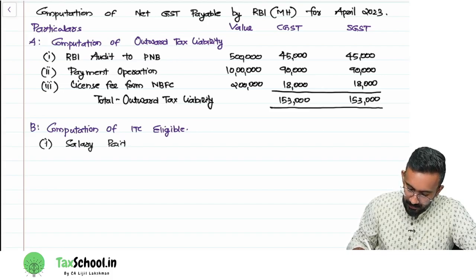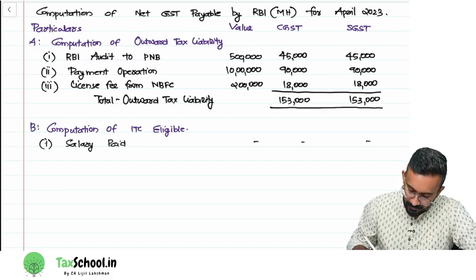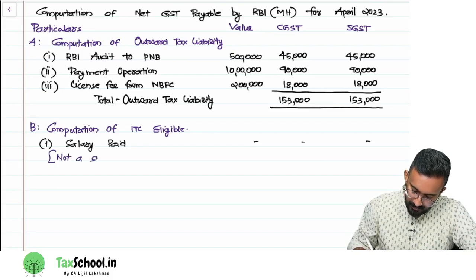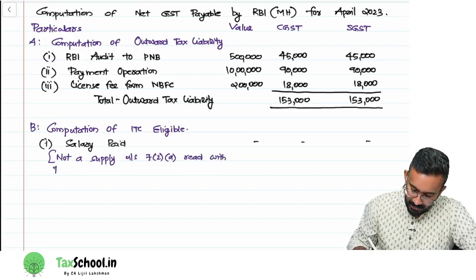Salary paid, I'll put a dash for everything and then write in bracket, is not a supply under section 7 read with para 1, schedule 3.